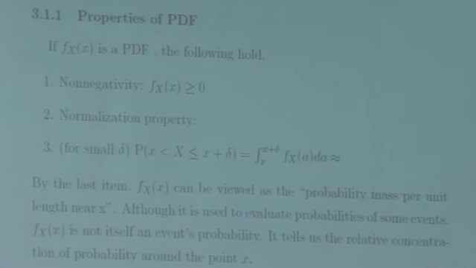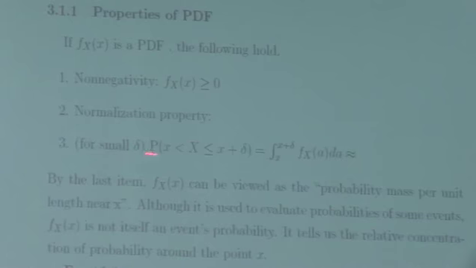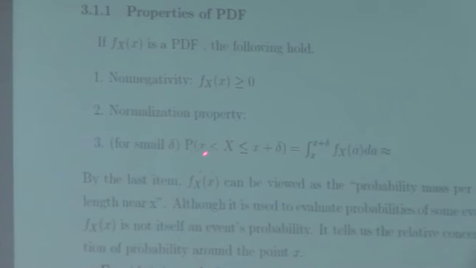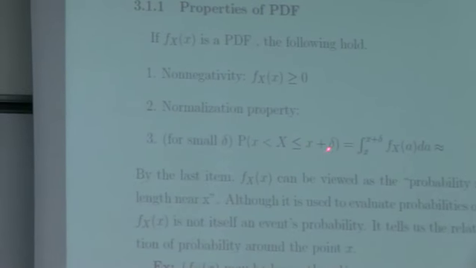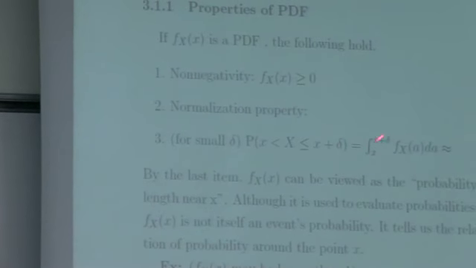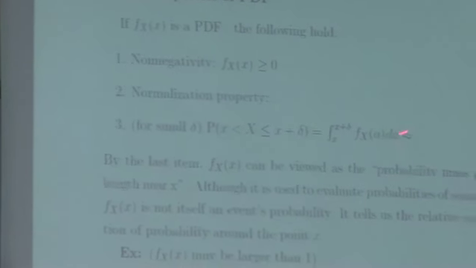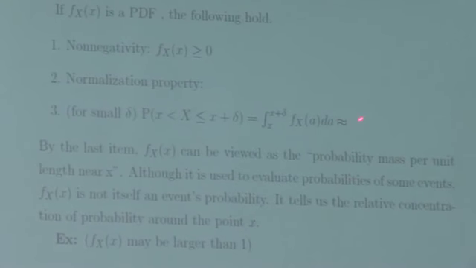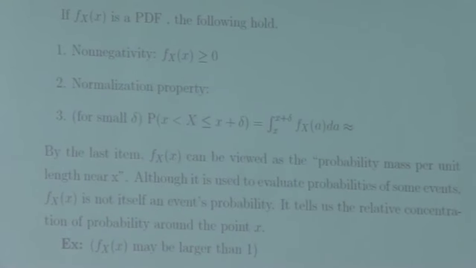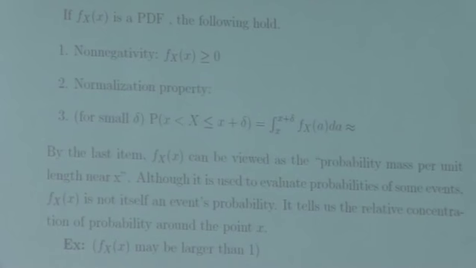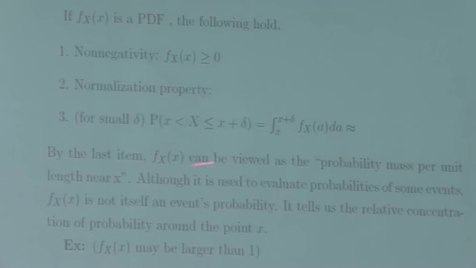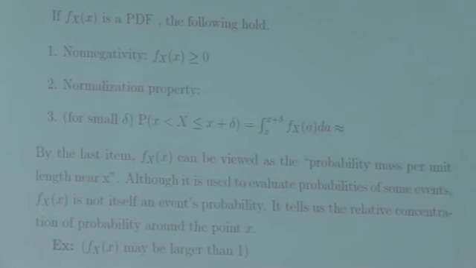Now, for small delta, you can think of the probability of x being between x and x plus delta, which is the integral from x to x plus delta of the density, roughly as fx of x times delta. So that gives you another intuition of what density means: fx is like a probability mass per unit length near that point x.